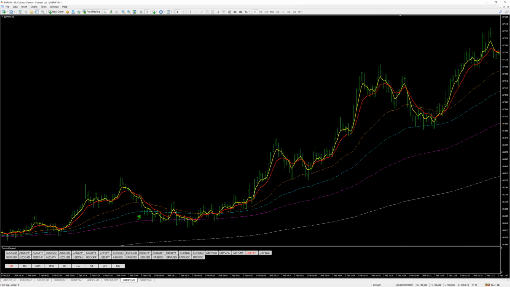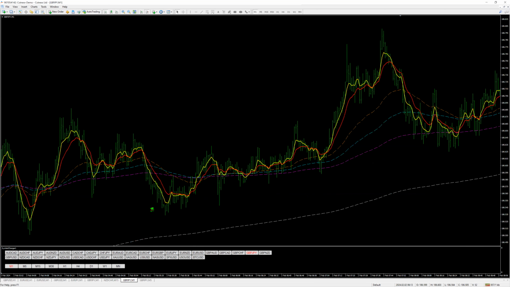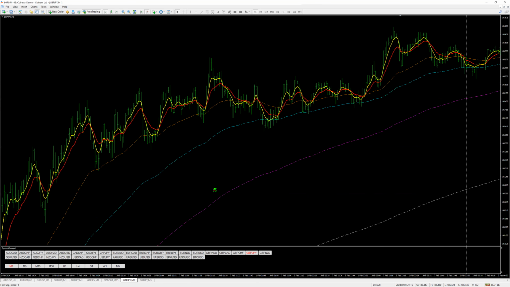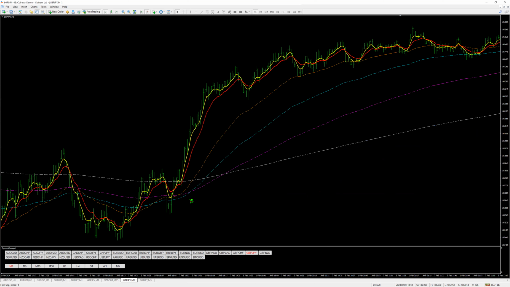If the price is above the 500, you're bullish. Let's go back to where it crossed right here. What you're looking for is for all the moving averages to be in the same direction. The first time it gets into that direction is here.